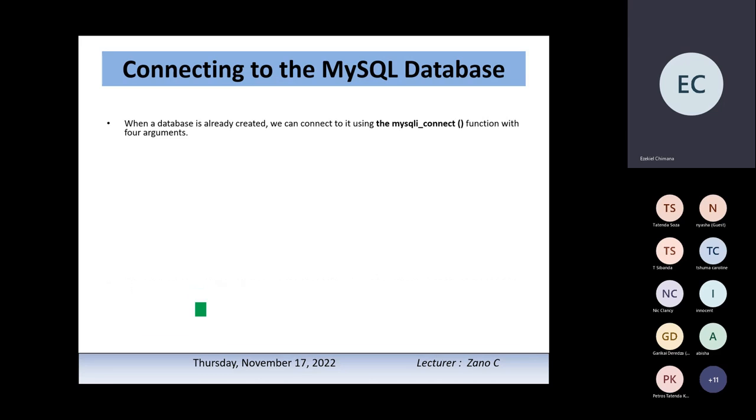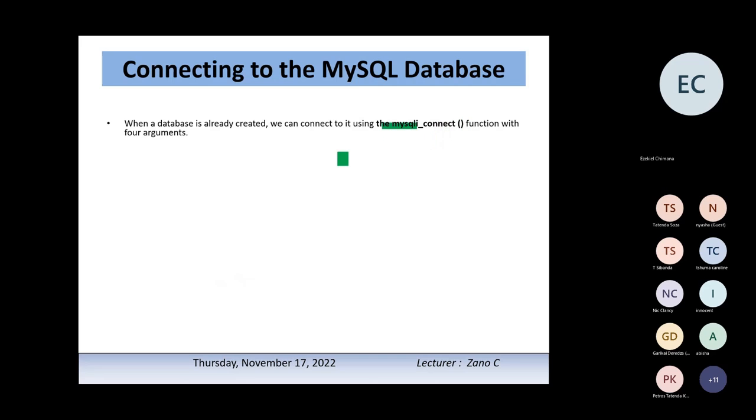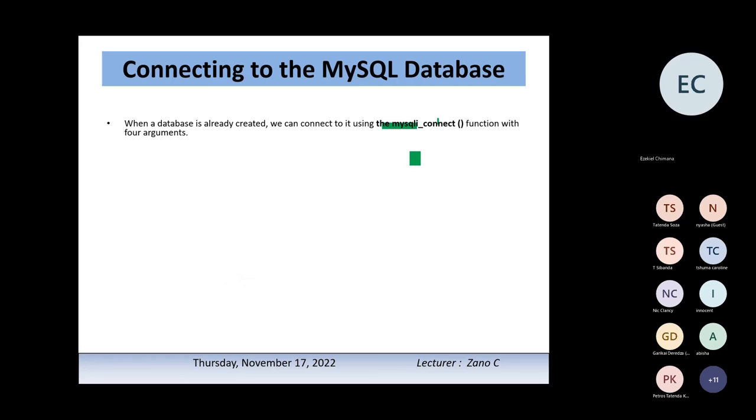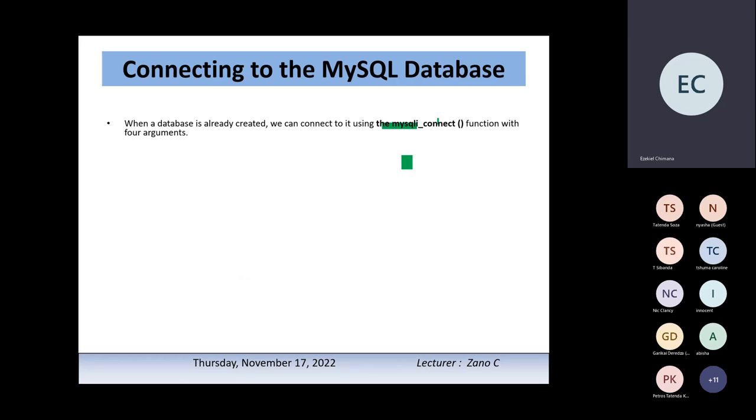So when a database is already created, we can connect to it using the MySQL connect function with 4 arguments. If your database is not there, you use this with 3 arguments, and then you create the database and later connect to it.